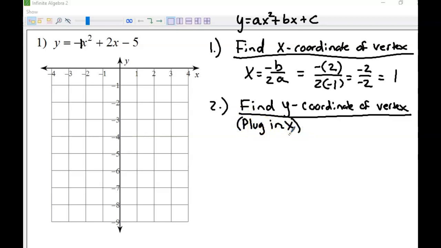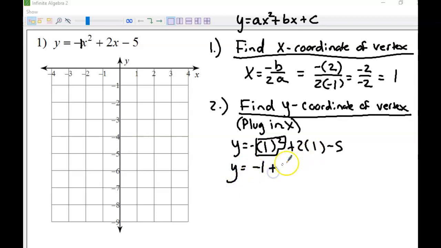So I'm going to take my equation, y equals negative x squared plus 2x minus 5, and plug in 1 and simplify it. So when you do this, it's important to be careful and always do the power first. So 1 to the second power is 1, and the negative in the front just stays there. 2 times 1 is 2. And then combining all these together, negative 1 plus 2 is 1. Take away 5 is negative 4.